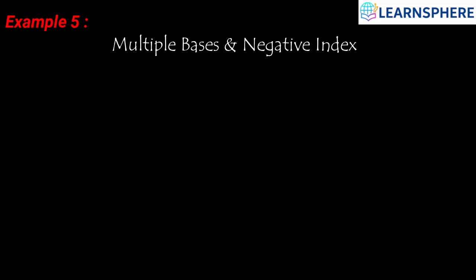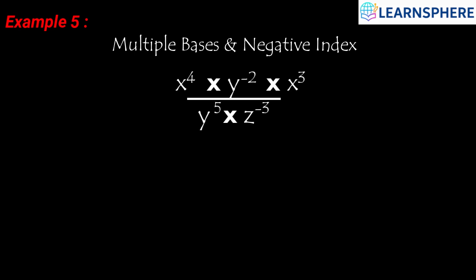Next, for example 5, we have multiple bases and negative index. For this question, in the numerator, we have x to the power 4 times y to the power negative 2 times x to the power 3 over y to the power 5 times z to the power negative 3.